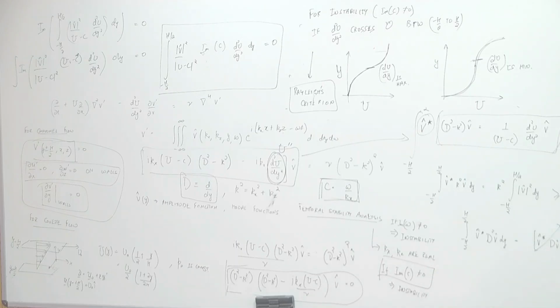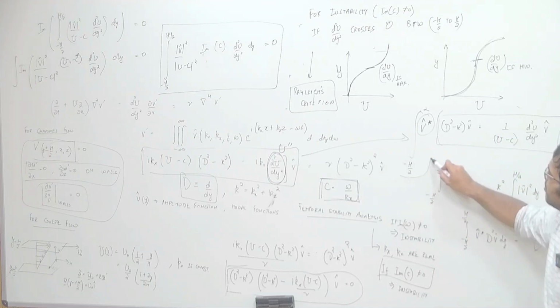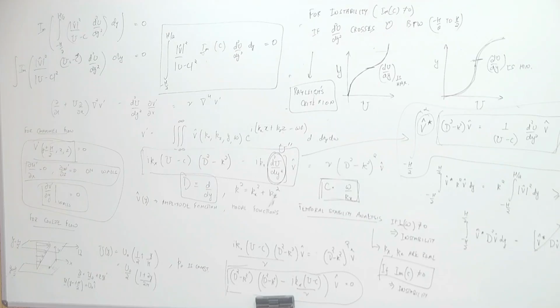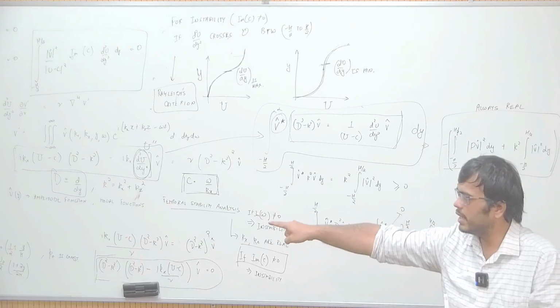And this step of multiplying with v hat star and then converting it into an integral criterion, you can apply to almost all of your instability analysis. We won't derive this particular equation for that case, but there is another instability case which is very easily reproducible in the lab, that is the Taylor Couette flow. Just like that is a Couette flow, a Taylor Couette flow is basically that in cylindrical coordinates.